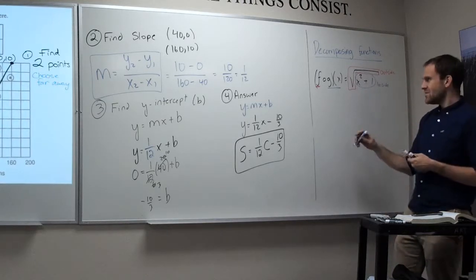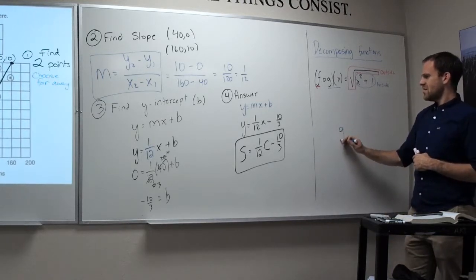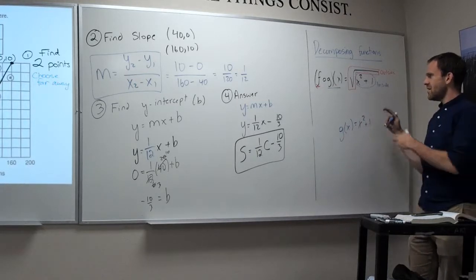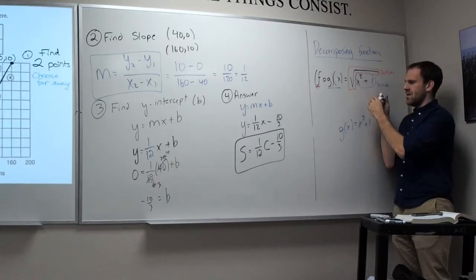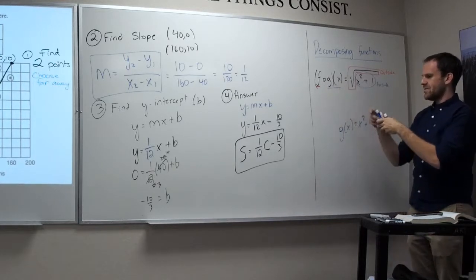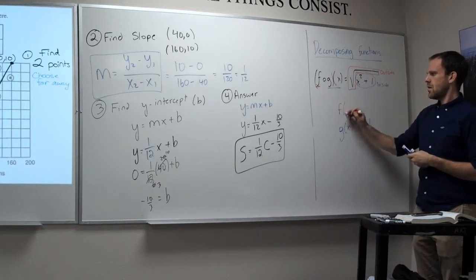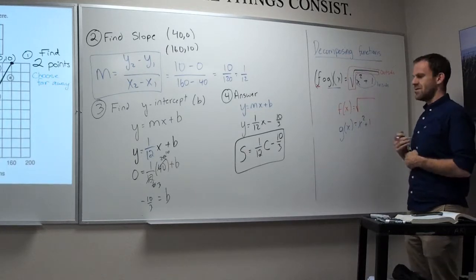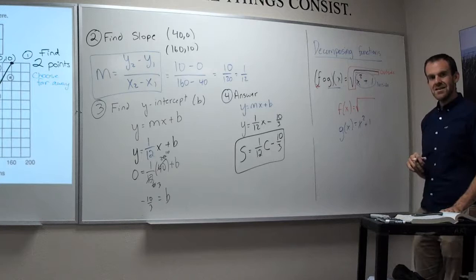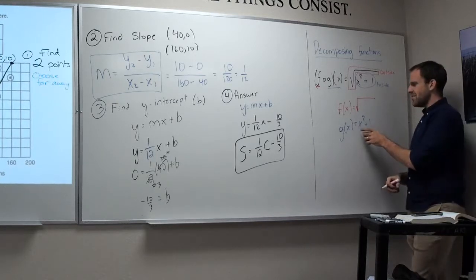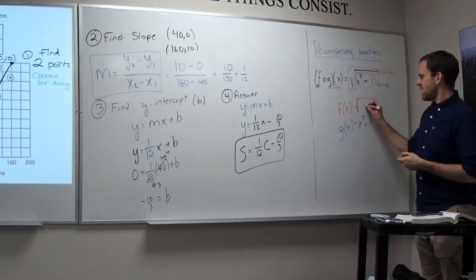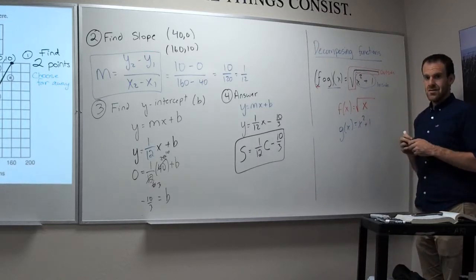How would I write this? Well, my inside function is easy. G of x equals x squared plus 1, the function that's inside, and f of x is the outside function, the square root. But I must put something inside the square root. Instead of writing x squared plus 1, I replace it with x.